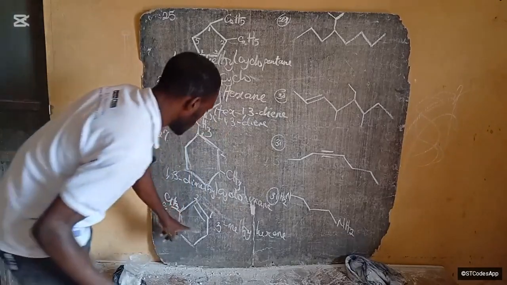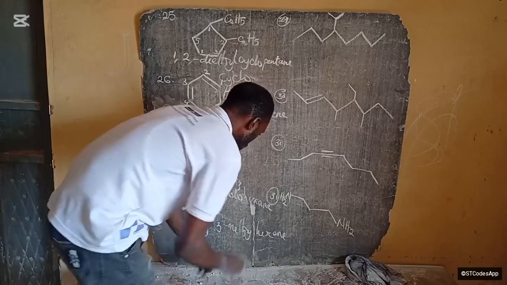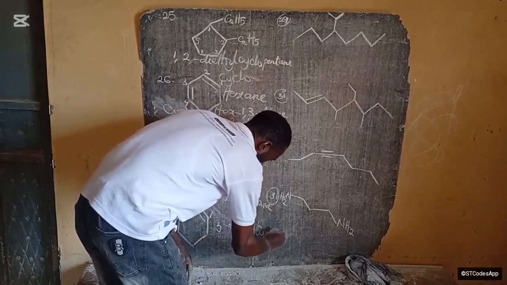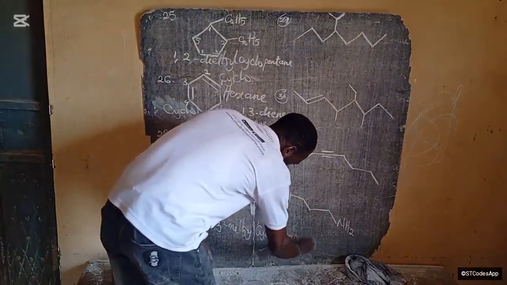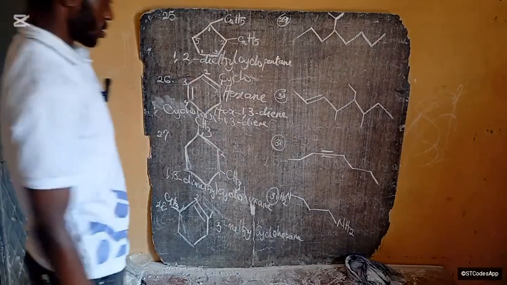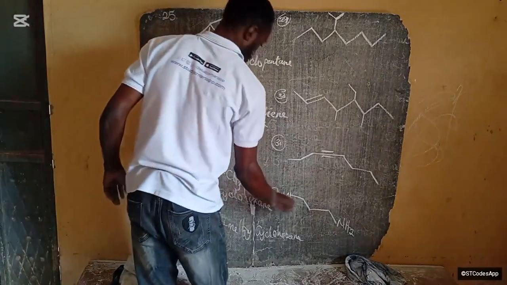And here, 3 methyl cyclohexene. Alright, I made the mistake trying to conserve space. Okay, this is 31, this is 32.